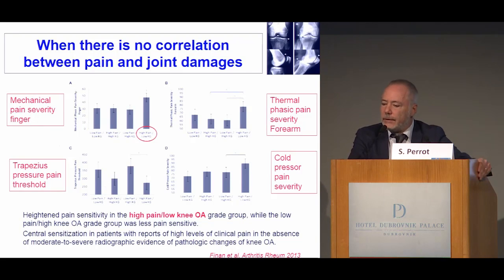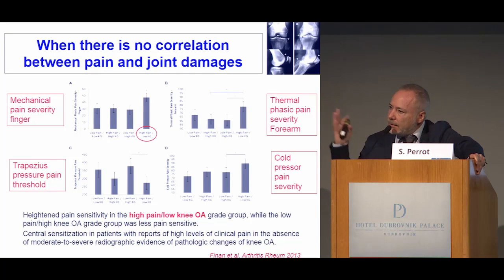And here is a very interesting study that looked at 4 categories of patients. The first one is low level of pain and low damage. The second one is high level of pain, low damage. The third one is low level of pain, high damage. And the last one is high pain, high damage.